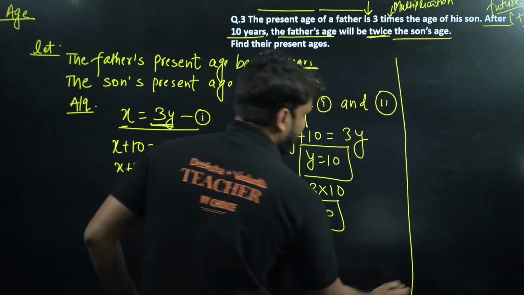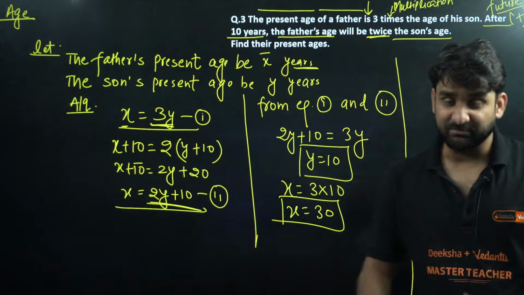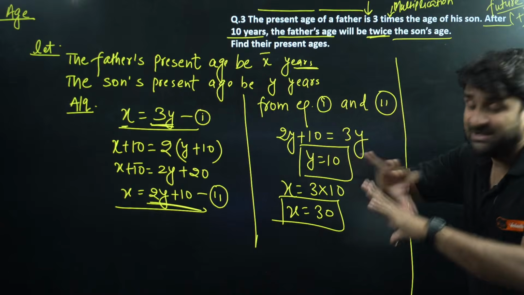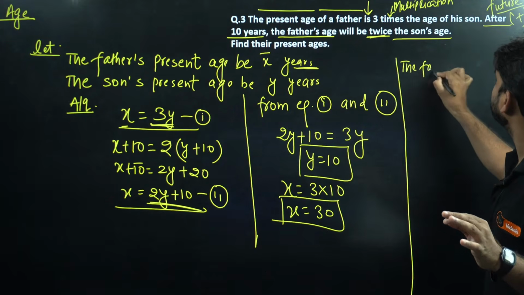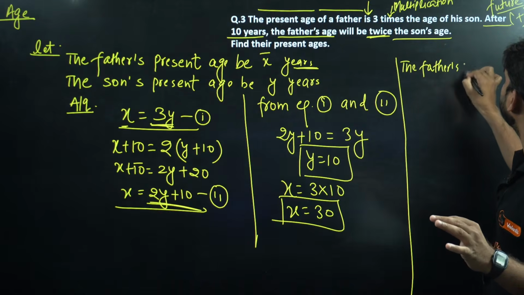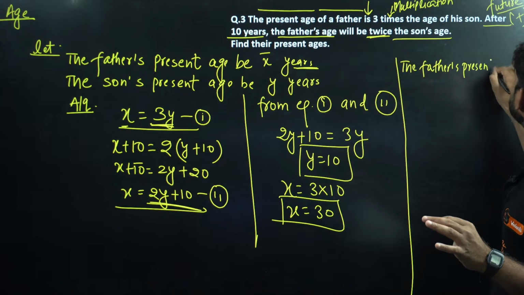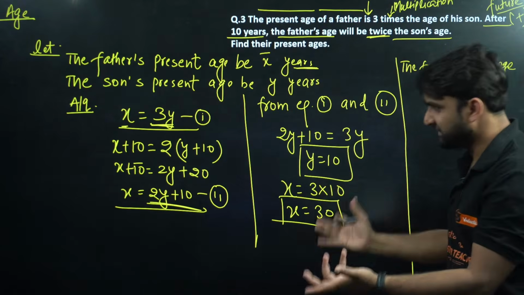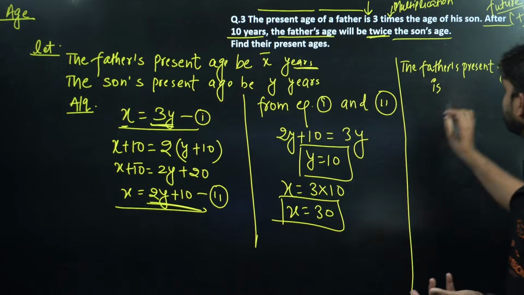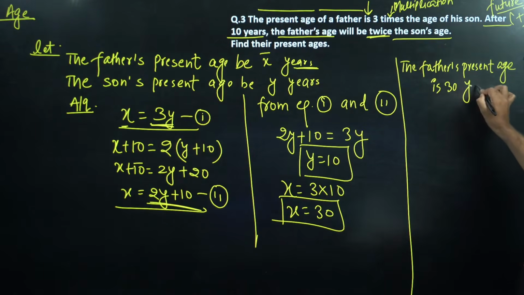My dear champion, after getting the values of x and y, please make sure to write the information correctly in words. So the father's present age is, because now everything is cleared, this is x, so father's present age is 30 years.